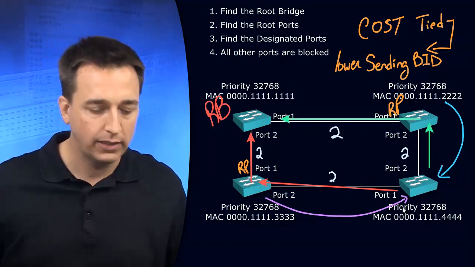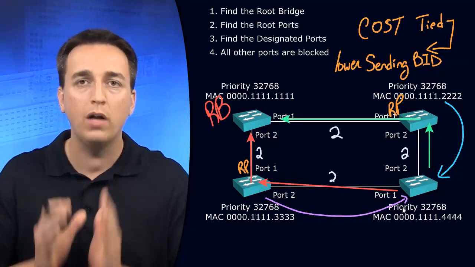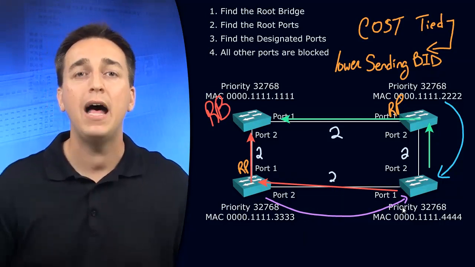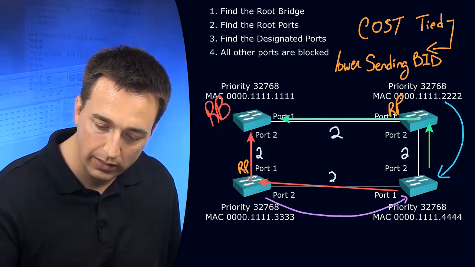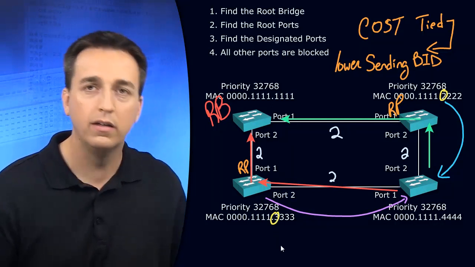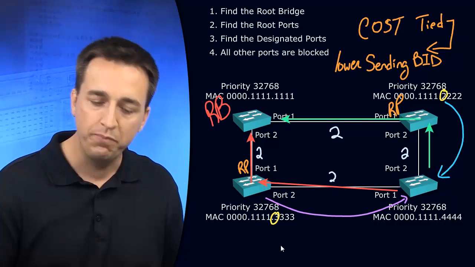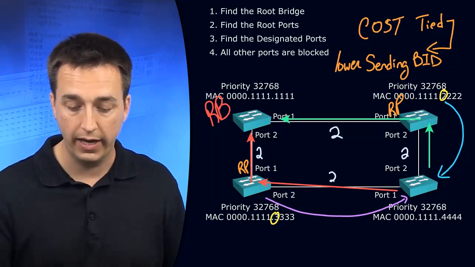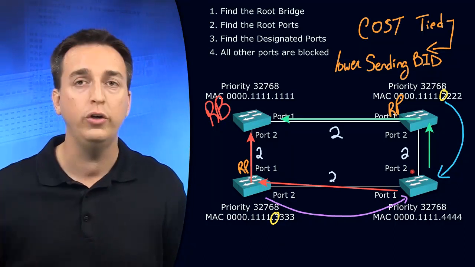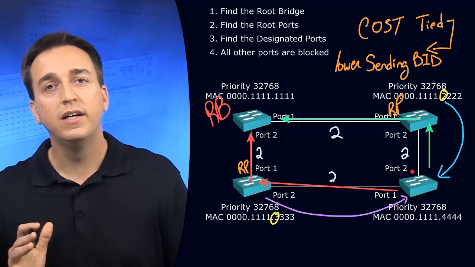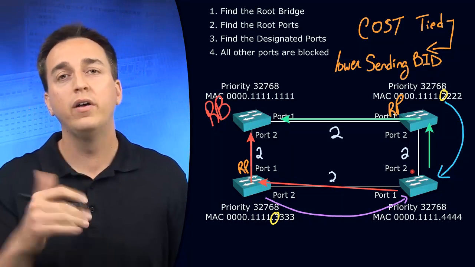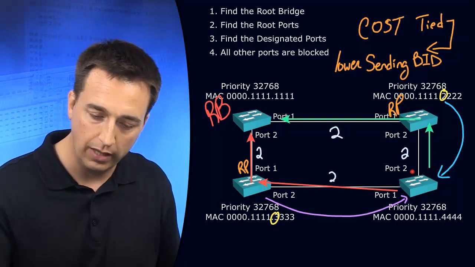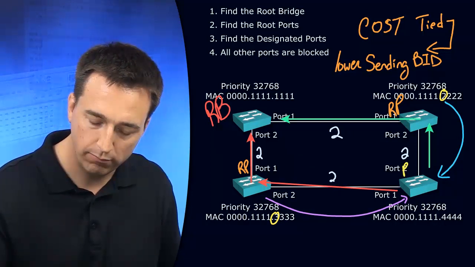And when I look at the MAC address, I see 00001111. So it's a tie for the very first 8 hexadecimal values. But after that, what do we see? We see a 2 and we see a 3. 2 is lower than 3. Therefore, the best path to take in this case would be using port 2. Because it's the more preferred path based on the decision-making process. So let's label that as the root port.